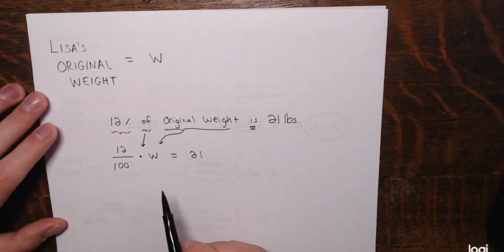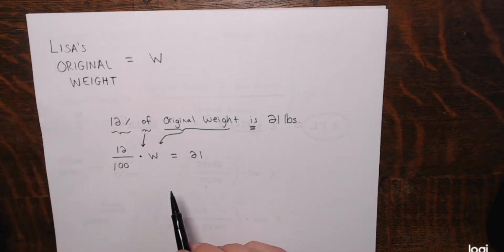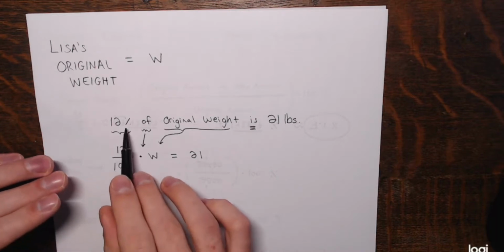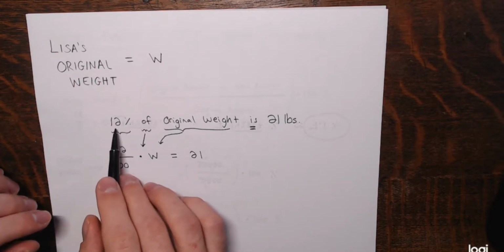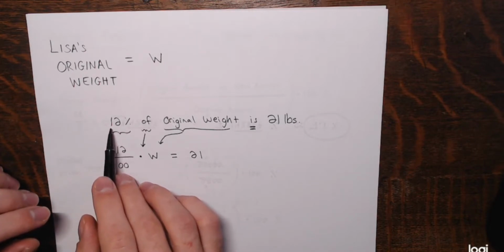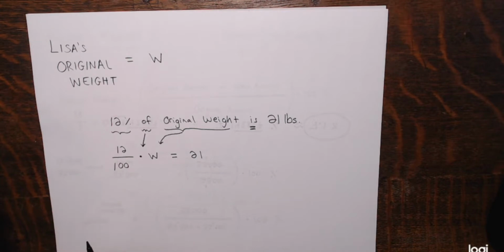You translate into an equation, remembering that percent means divided by 100. That really helps a lot. Or you could change it to a decimal by dividing by 100 and writing this as 0.12. It doesn't matter to me. Then I have an equation to solve for W, and then use the solution of your equation to answer the question.